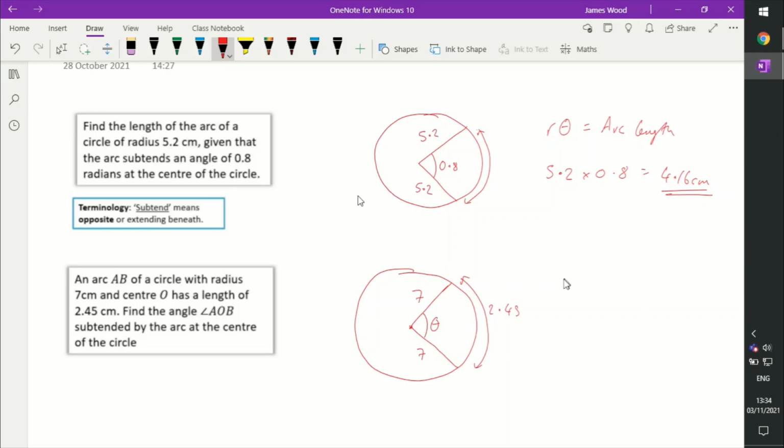So this time, we still use this formula. We know the arc length is 2.45. We know the radius is 7, and we've got to find theta. So theta is going to be 2.45 over 7, which is 0.35 radians.